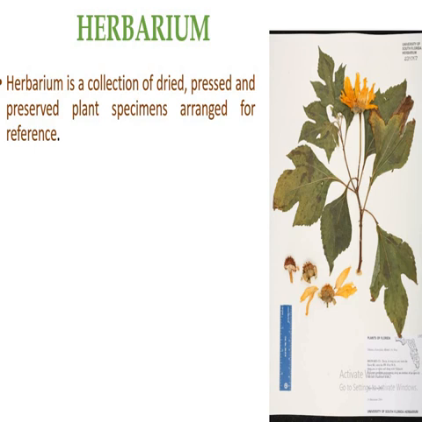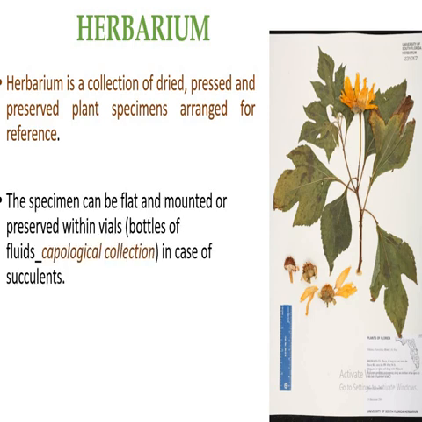Usually in the vials we keep plants that are succulents because it's not easy to press them. These plants in the vials are what we refer to as morphological collections.